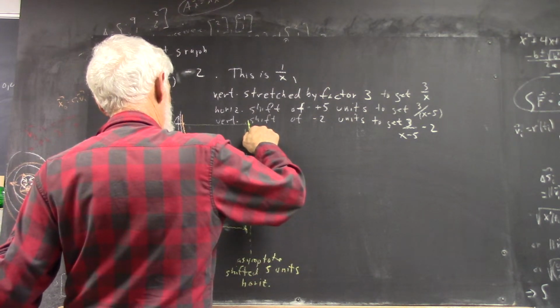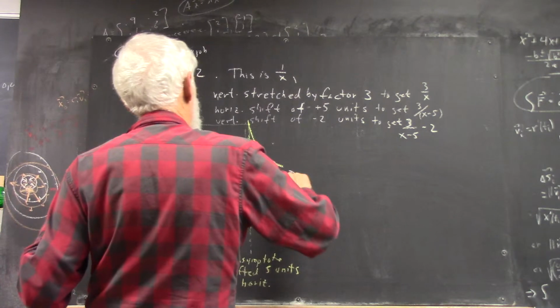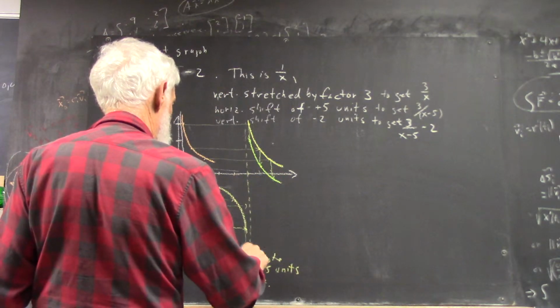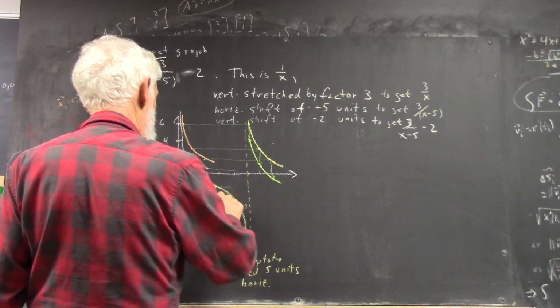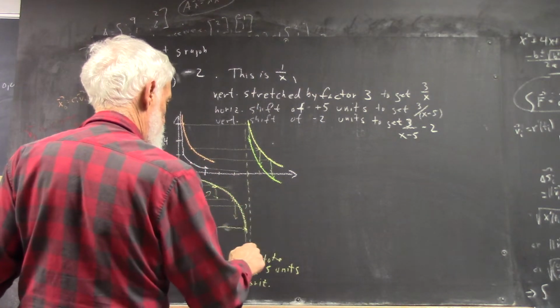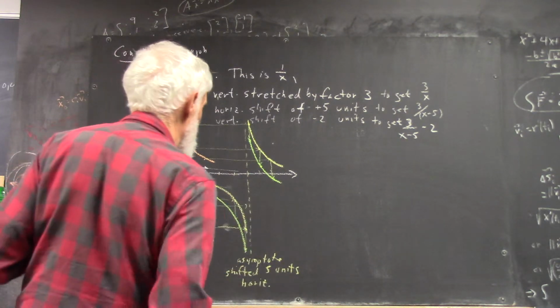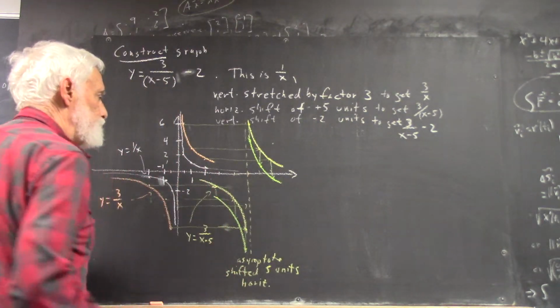So now I've got a graph that does this. And all of these points move 2 units down. And I'm being a little careless. I'm not locating these points very accurately. But there we got it.